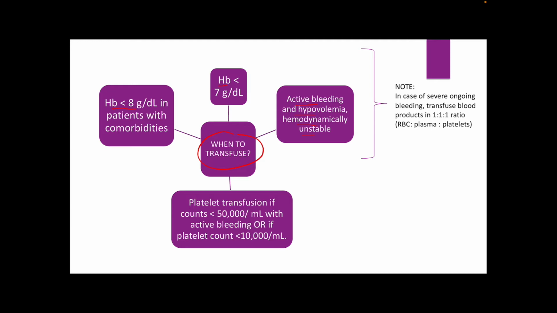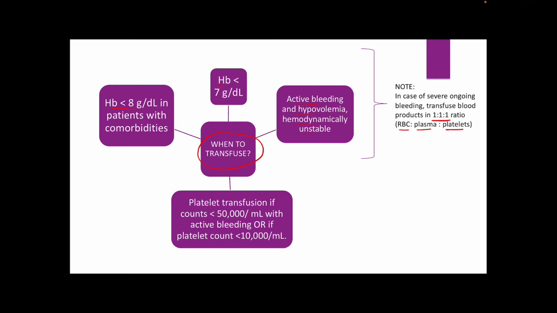In all these three cases, you have to transfuse packed red blood cells. In case of severe ongoing bleed, we go for a 1:1:1 massive transfusion protocol, where we transfuse RBC, plasma, and platelets in the ratio 1:1:1.